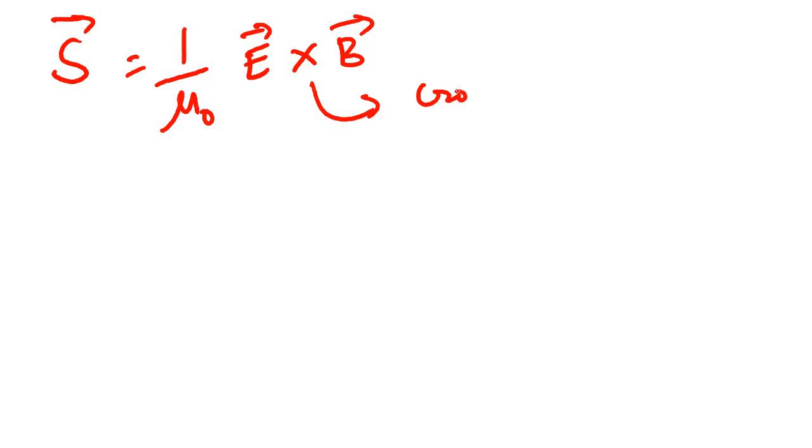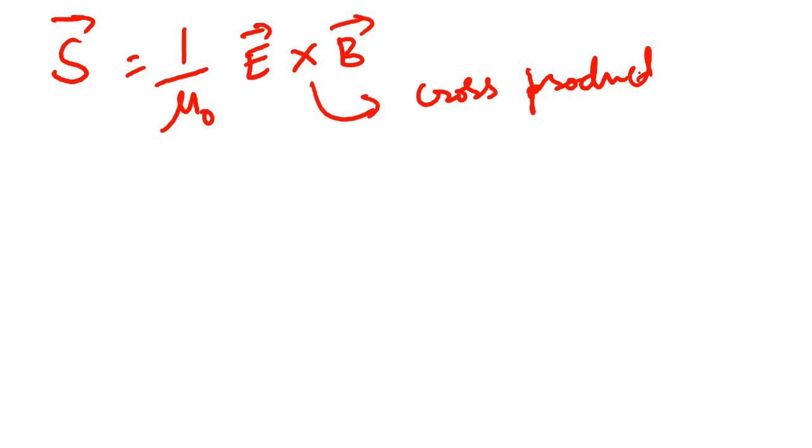And this Poynting vector S is defined as 1 over mu naught E cross B. This is a cross product because E and B are vectors.